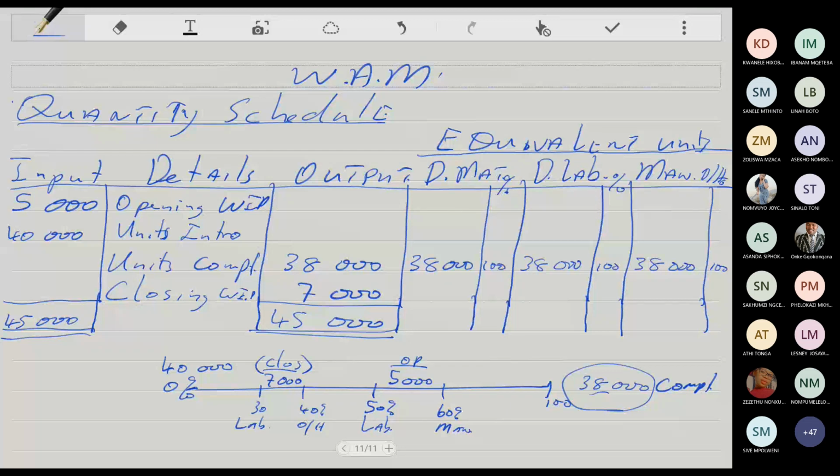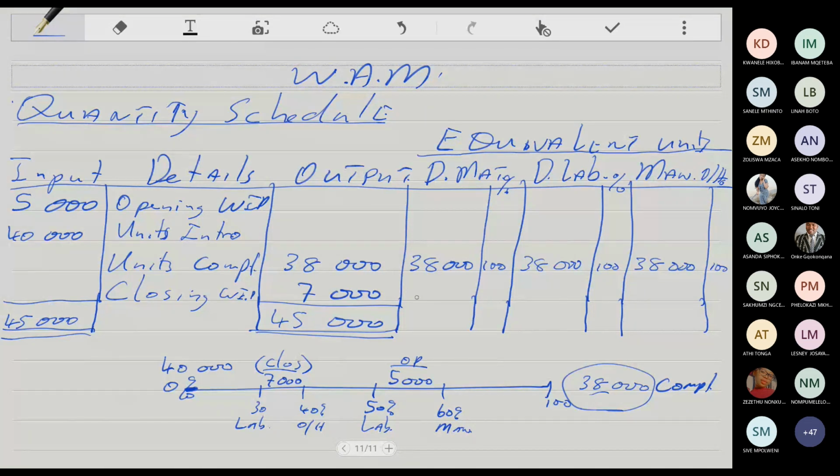So material was added at the beginning. It means that right here at 0%, all the material to complete the 40,000 was given to you in your production. So the mere fact that you fail to complete to 7,000 units has nothing to do with material. We've already purchased the material and sent it to the production.